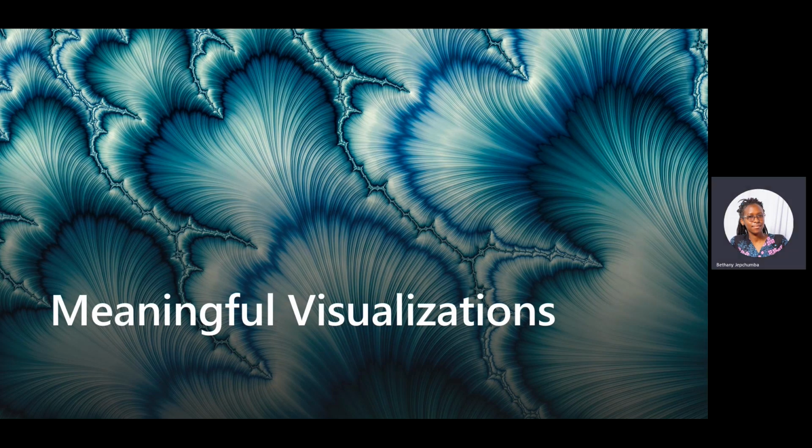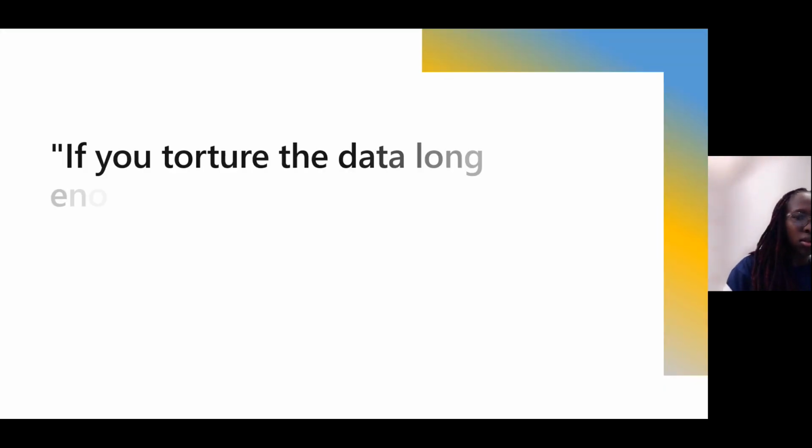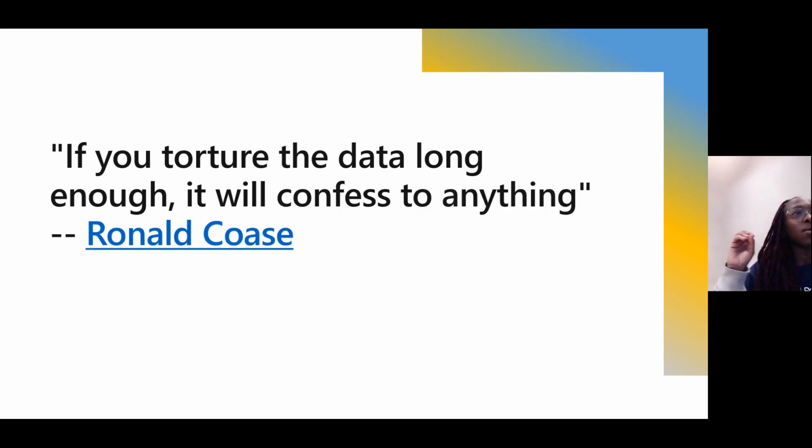But the other main thing I should talk about is how you create meaningful visualizations. The first thing is a quote from Ronald Coase. You can see this in your curriculum, and it says, if you torture the data long enough, it will confess to anything. So you can use data to tell you a lot of things, but there are things that you should really do. The first thing is create charts that actually depict what is right.